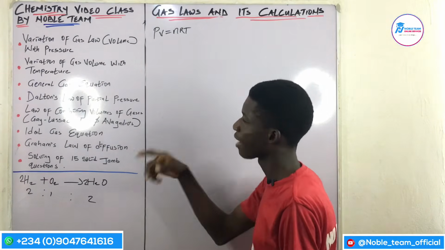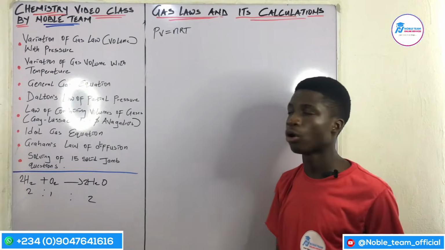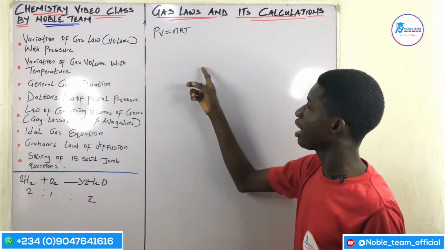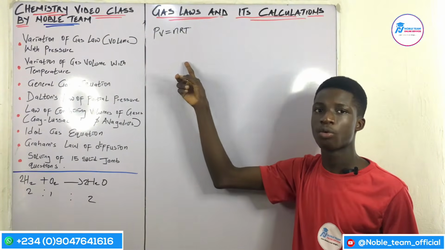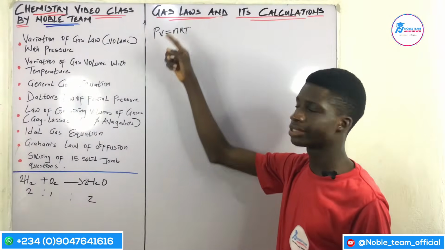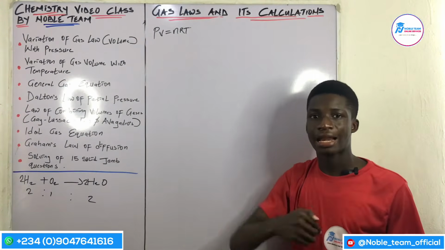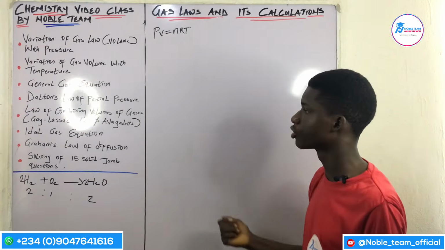This is from Avogadro's law. You can see it is the combination of Charles' law, Boyle's law, and Avogadro's law. Now, any gas that obeys this law is said to be an ideal or perfect gas. So this point must be noted.